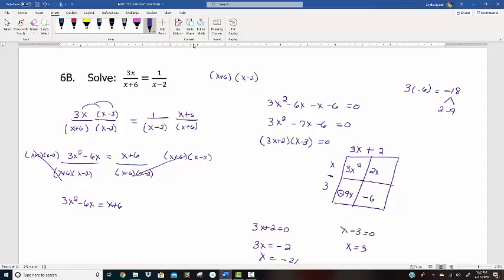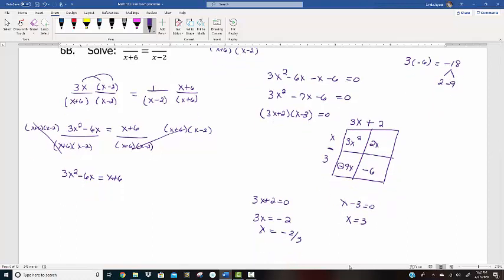So both of those answers I can never have as one of these answers down here. If you get a problem where that is your answer, then you can't use it. But since neither one of these match that, they are both valid answers. And that's how you complete these problems.